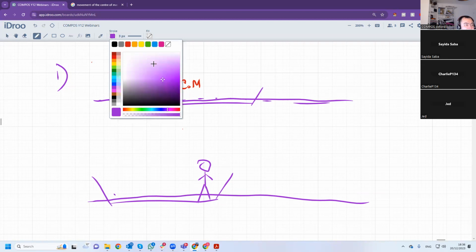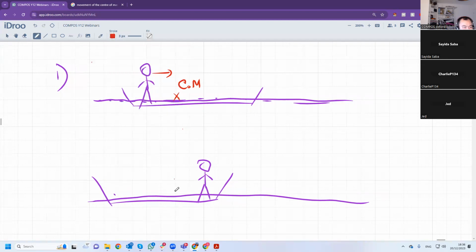But the center of mass would not move. So if you walk from one end of the boat to the other, the boat would shift, you would shift, the center of mass would stay where it is.